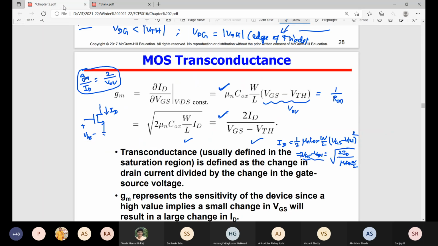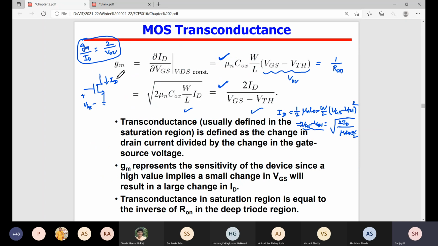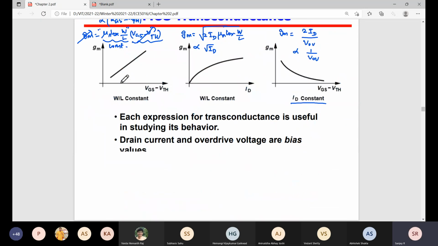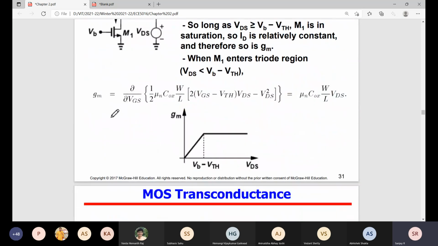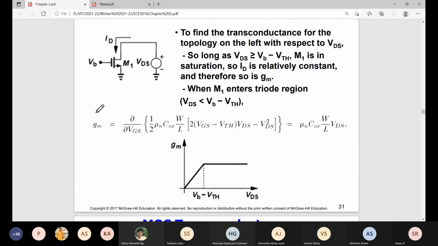So now we want to model transconductance as a small signal parameter. You know GM equals mu n Cox W by L times (VGS minus VTH). For fixed VGS minus VTH, GM will be constant.